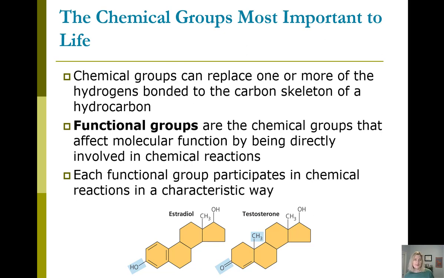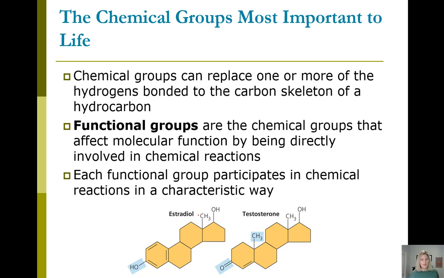So chemical groups can replace one or more of the hydrogens bonded to the carbon skeleton of a hydrocarbon. So we call those functional groups. So they're chemical groups that affect the function of the molecule by being directly involved in the chemical reactions. So each functional group actually has its own chemical characteristic.